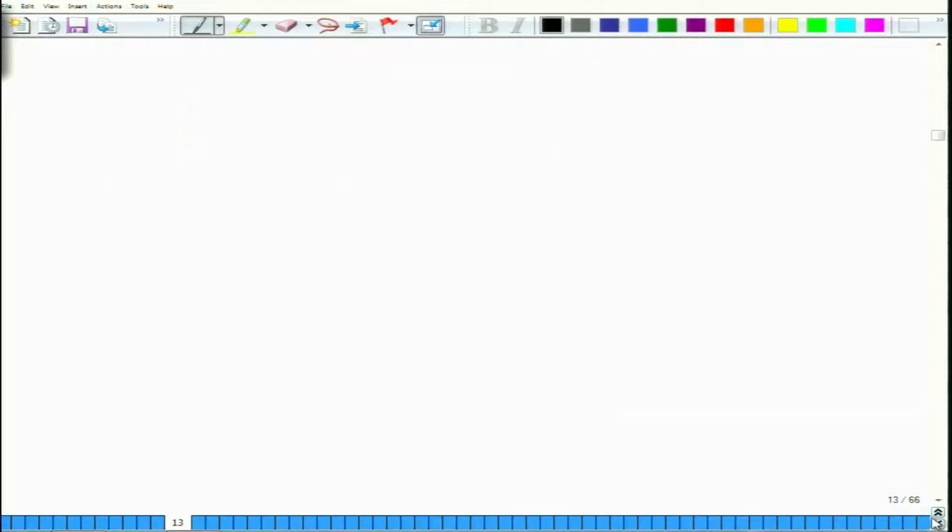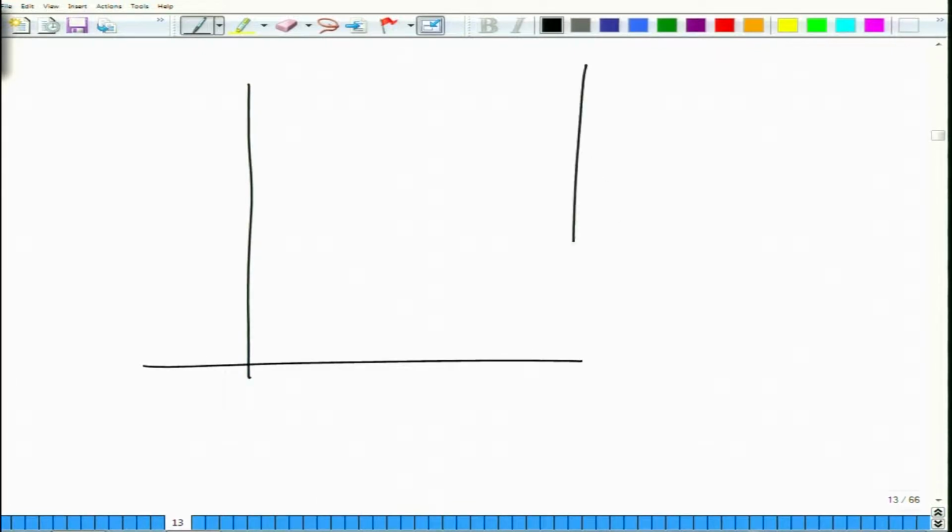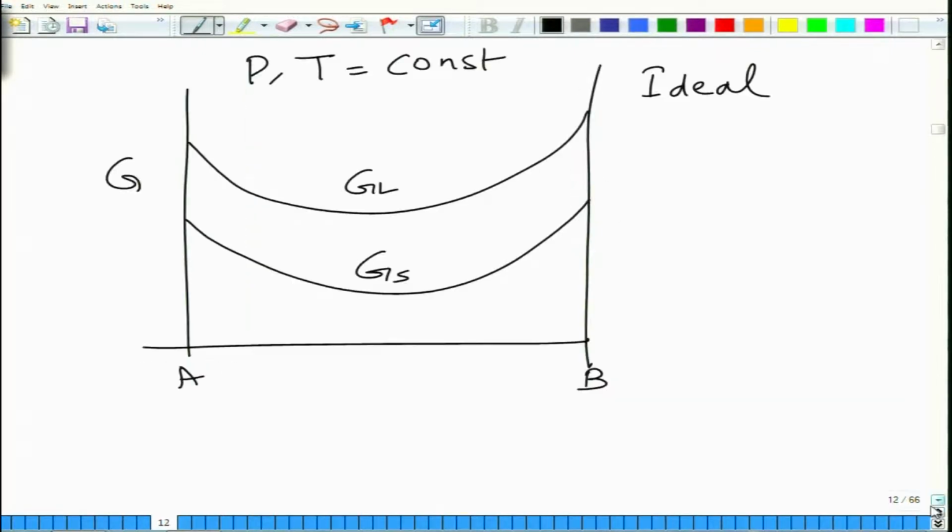If it is a non-ideal system, in that case, it is the relative, in this figure, it is the relative. Now, as you change the temperature, we know that the free energy decreases with temperature, and the shape of the free energy curve changes and relative positions change. So, it is the relative change of these curves in the composition free energy landscape as a function of temperature, which will determine which phase is stable.